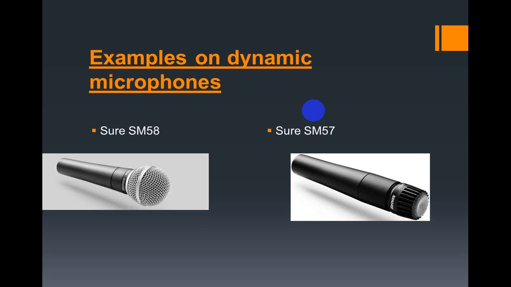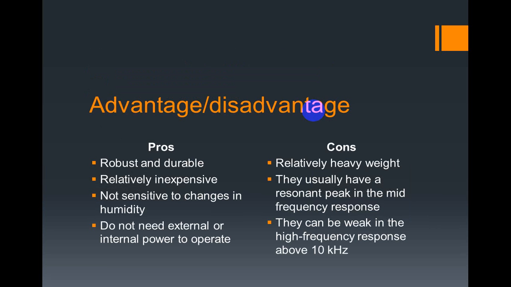The most famous examples of dynamic microphones are the Shure SM58 and the Shure SM57. The advantages of the dynamic microphones are they are robust and durable, they are relatively inexpensive, and they are not sensitive to changes in humidity, like heat or moisture.